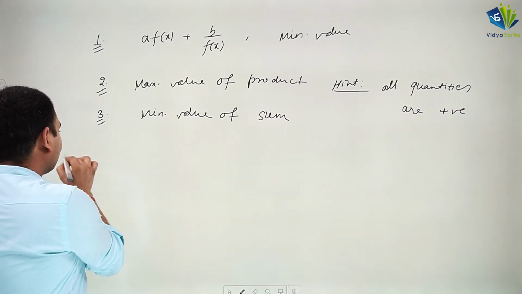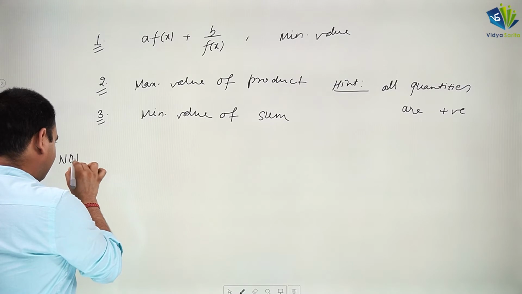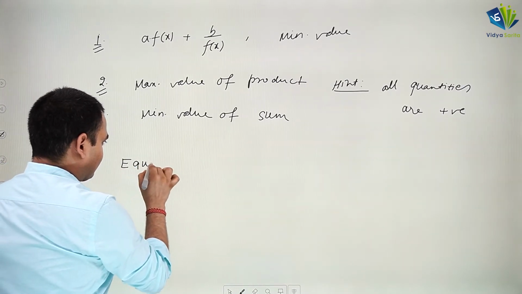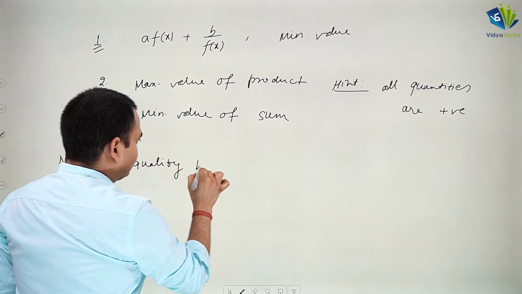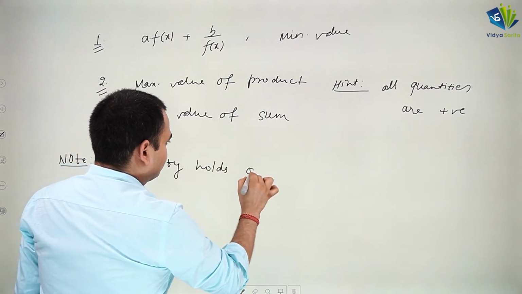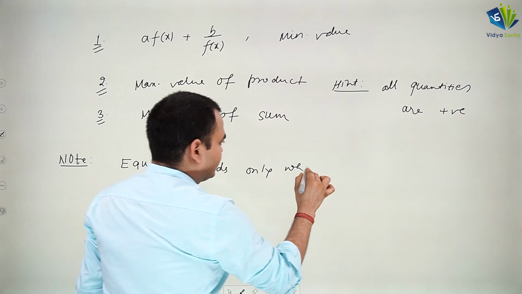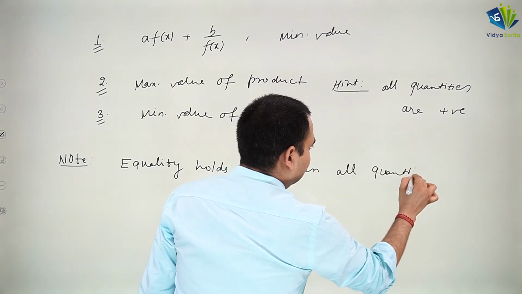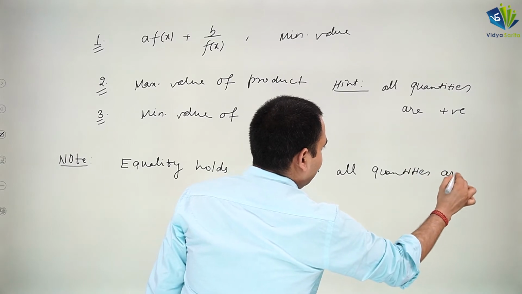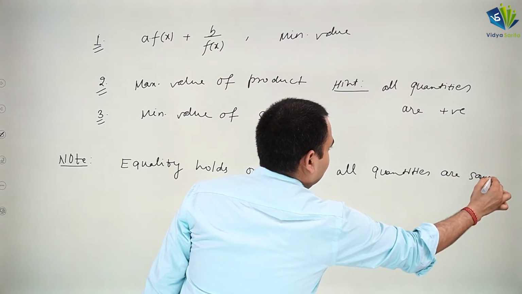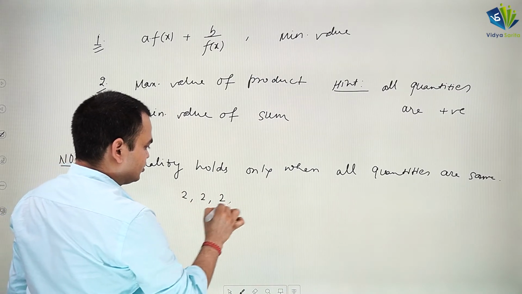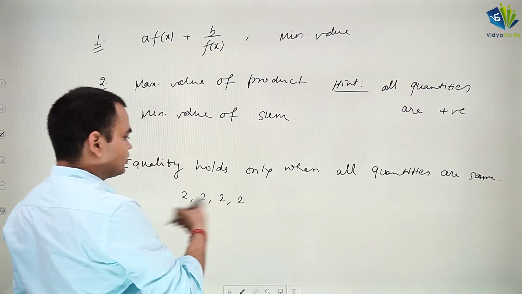We can make a note here that equality holds only when all quantities are the same. Like we are given 2, 2, 2, 2, these four numbers.